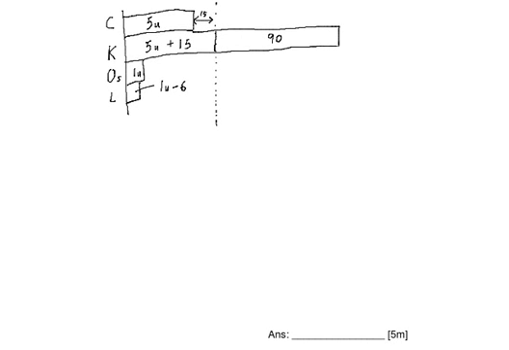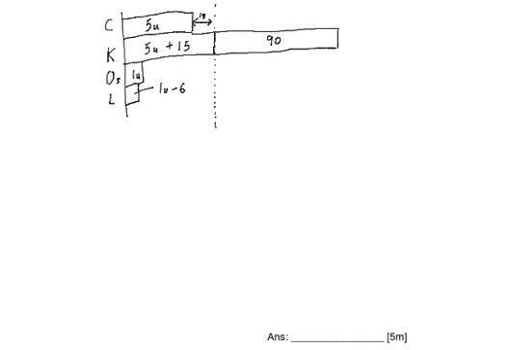To find the total number of game cards, am I right to say that I'm adding this 5 units to 5 units plus 15 plus 90 plus 1 unit plus 1 unit minus 6? Is it right for me to add all this?